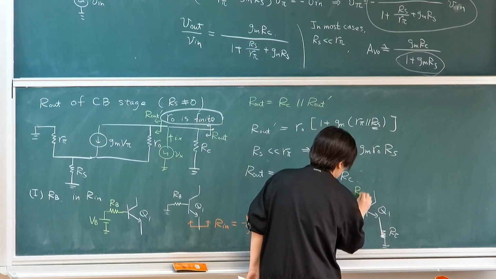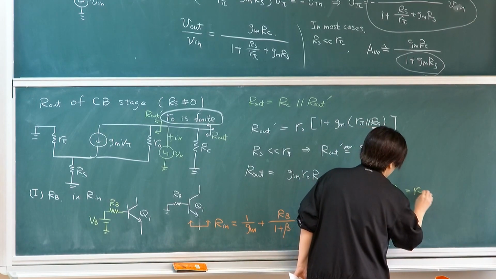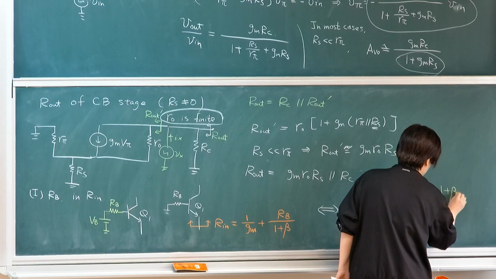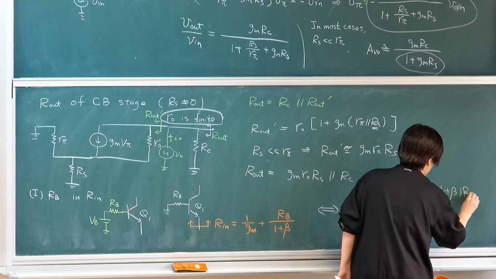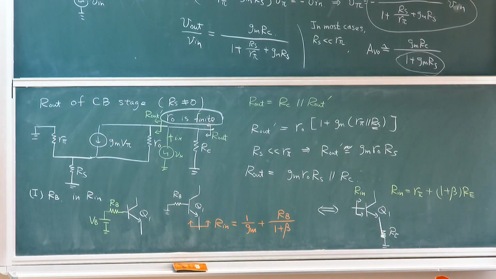If I'm looking in from here, Rin, remember, Rin will be r pi plus 1 plus beta Re. Okay? You can actually do the exercise at home.